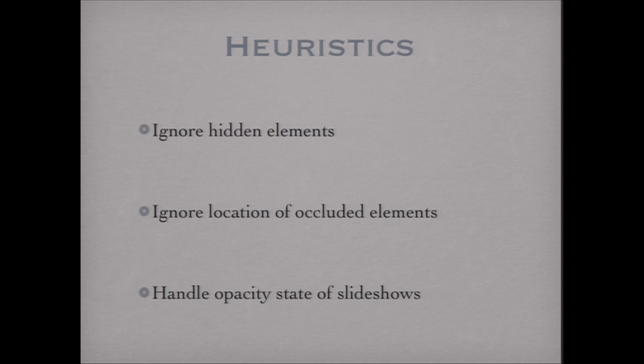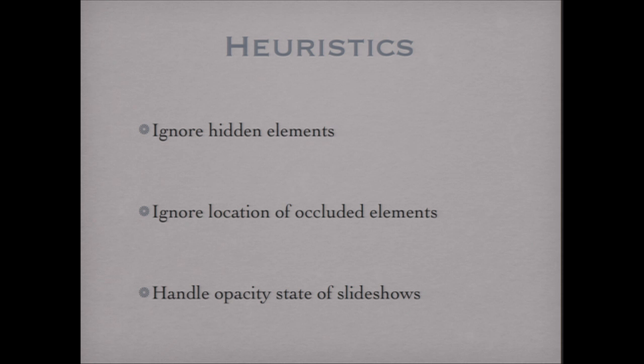As we're going through, we'll apply a few heuristics. Some of these were pretty annoying to figure out. Hindsight's 20/20, but for instance, anything with visibility hidden, you just don't even need to consider. Completely cut that out. If an element is occluded by another one, it'll still sit in the DOM, but it doesn't matter where it's positioned because a user can't actually see it, so you can deal with that.